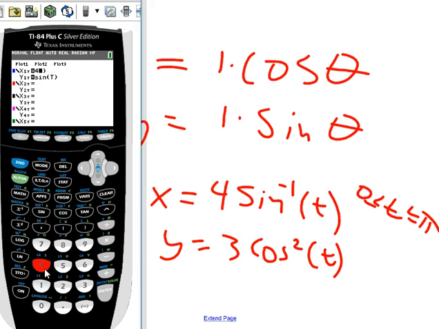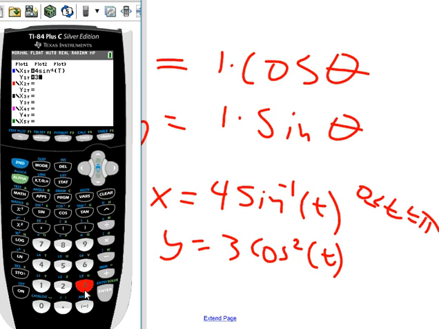All right. First, I'm going to clear it. Now here I'm going to put 4, and then inverse sine of t. And then 3 cosine squared. How am I going to do that? I would just put it in parentheses. Now, does the 3 get squared when the cosine gets squared?